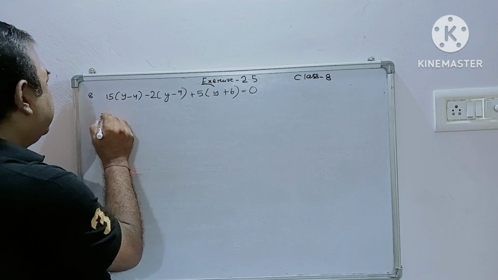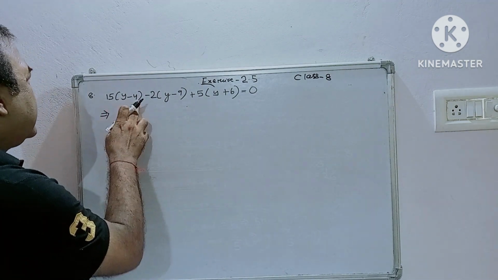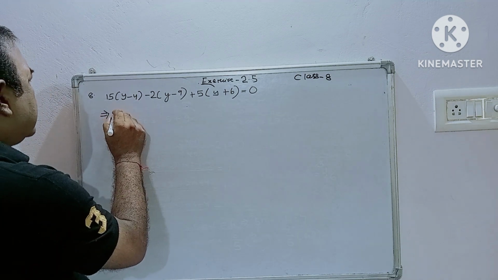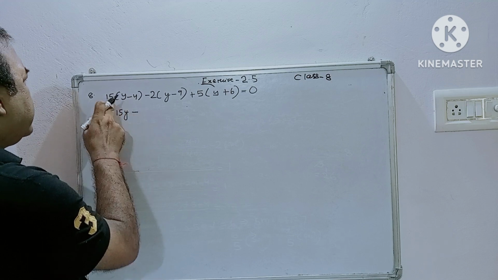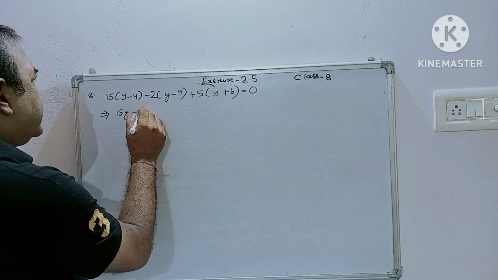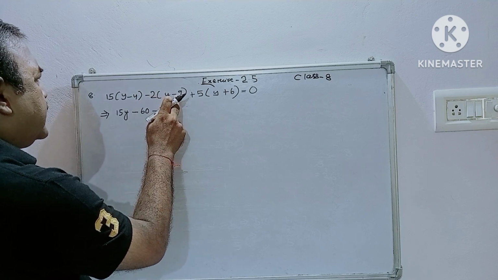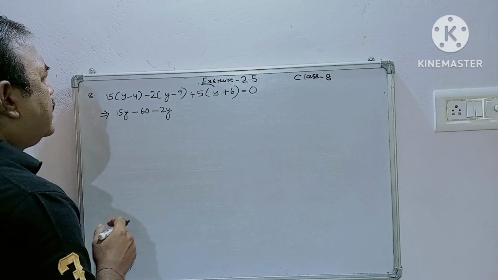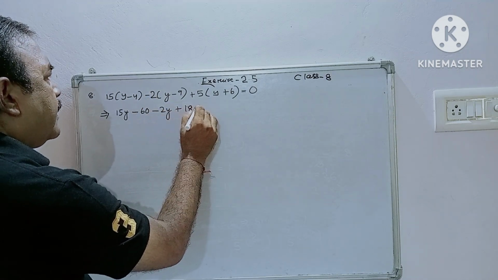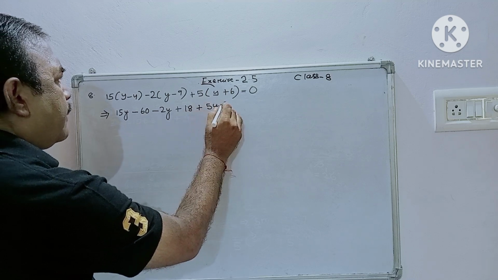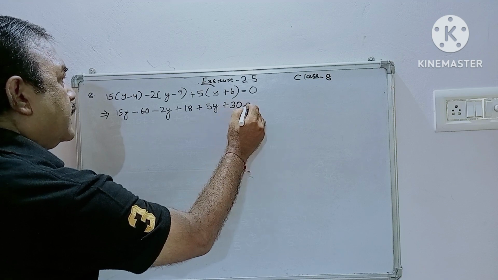And you see, first we have to simplify. We have to release the bracket, we have to open the bracket. So 15 into y, 15y, plus into minus is minus, 15 into 4 is 60. Minus 2y, minus into minus is plus, so 2 into 9 is 18. So minus 2y plus 18 plus 5y plus 5 into 6, that is 30. That is equal to 0.